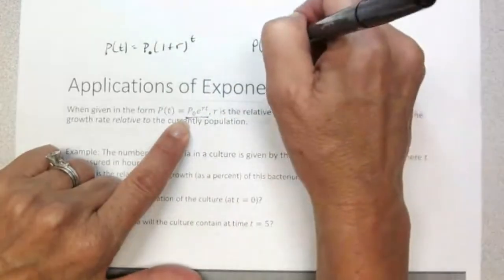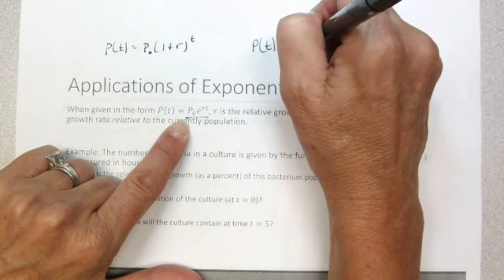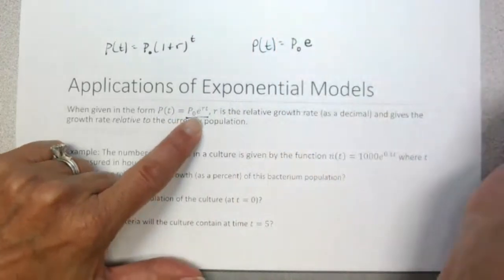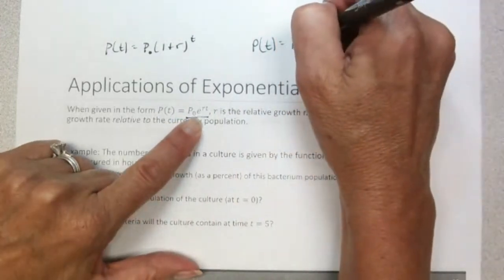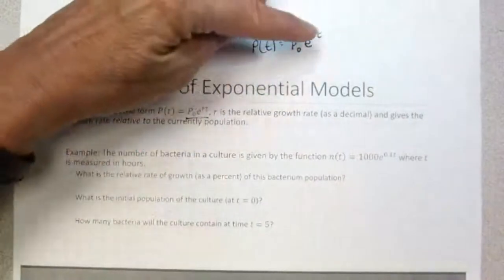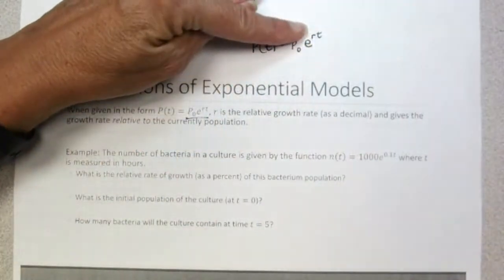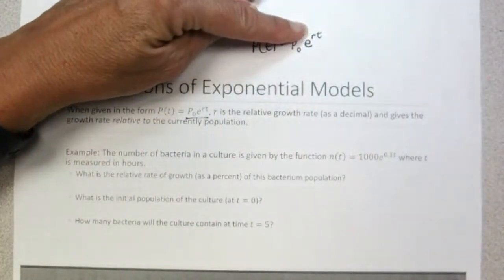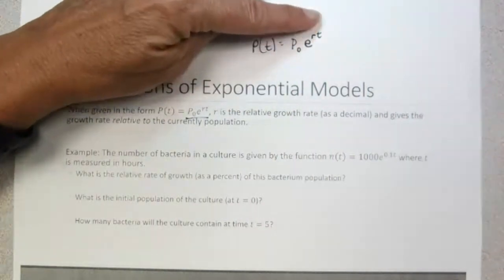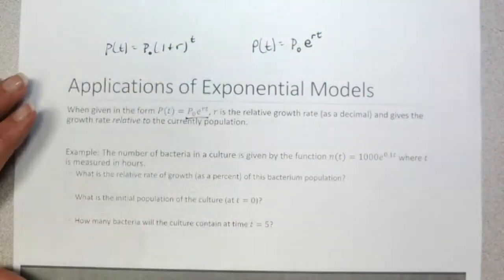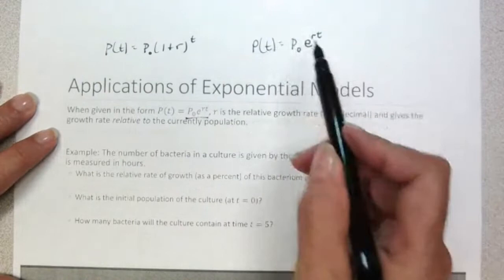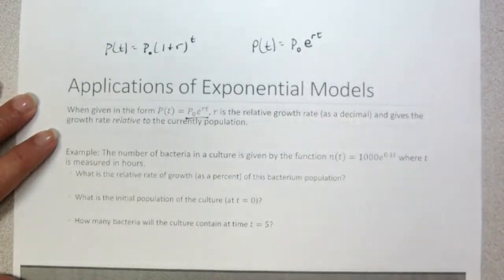It says some future amount is going to be the initial amount times E, Euler's number, raised to the RT power, where R is the growth rate or decay rate relative to the population, and T is the units of time.